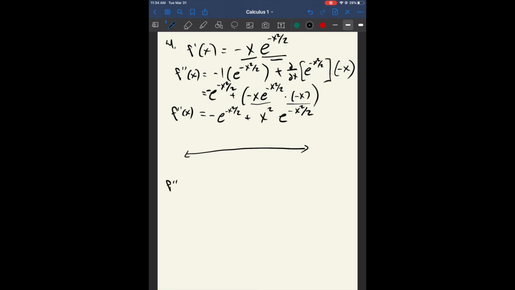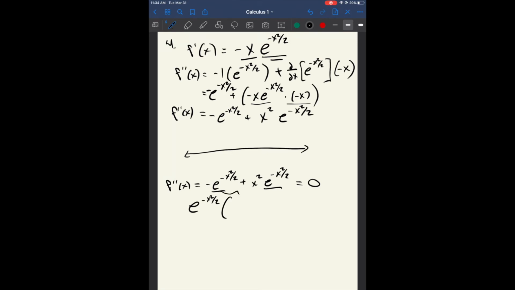Okay, so first we need to figure out where f double prime of x equals 0, right? So minus e to the minus x squared over 2 plus x squared e to the minus x squared over 2. We're going to set this equal to 0. Okay? So let's factor out an e to the minus x squared over 2.